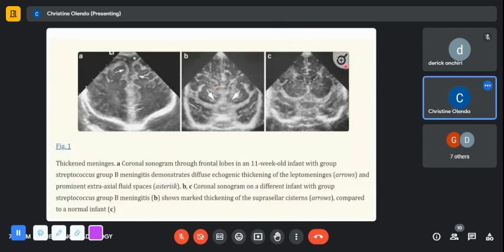Image C is a normal image. We are using it for comparison to B, which showed thickening of the supracellular systems, denoted by the arrows, and this is how it should look in the normal infant. These are just more echogenic, and you cannot even see the structures very well. You cannot see the brainstem very well in B when you compare it to C.